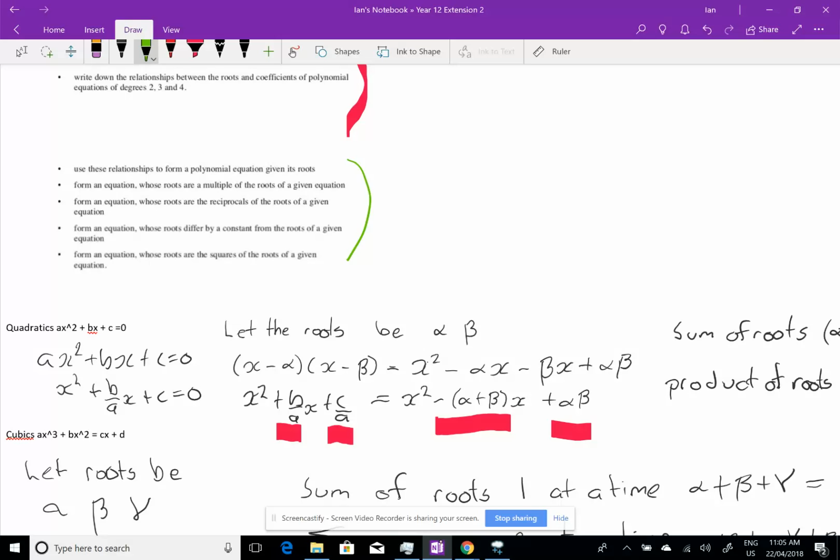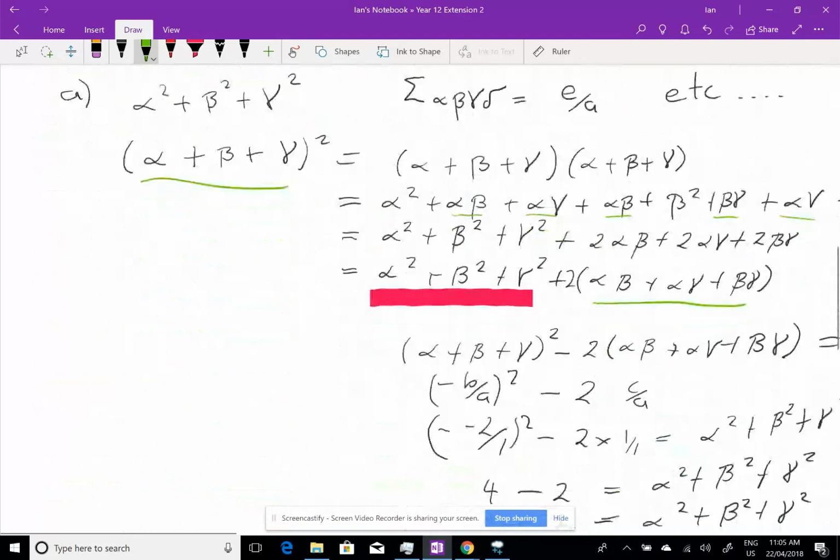Equations whose roots are a multiple of the roots of a given equation. Reciprocals, they differ by a constant, so either adding or subtracting a constant, or squares. Now it sounds really complicated, but when you see this, it's unbelievably easy. And you should remember it from our work when we did functions about transforming equations.